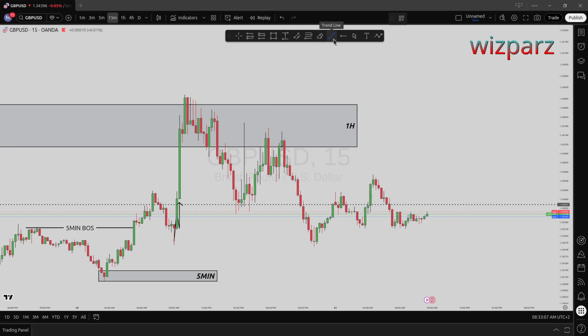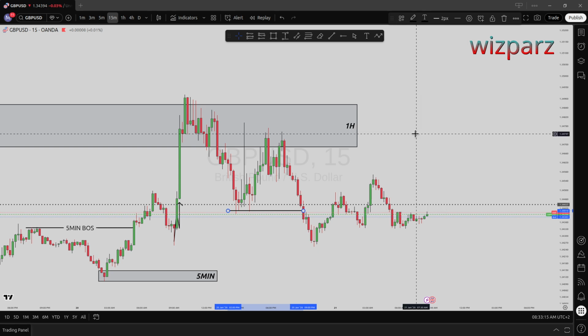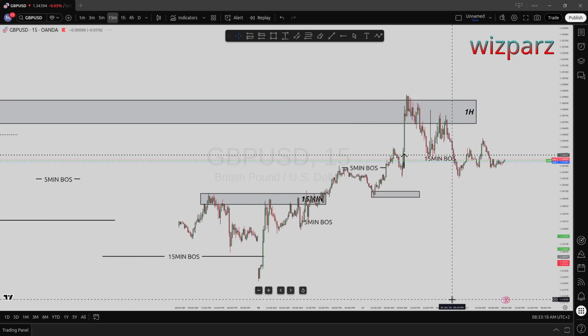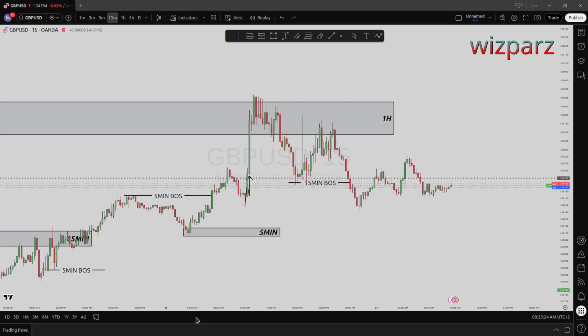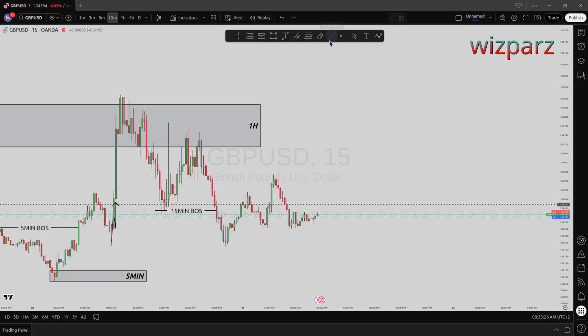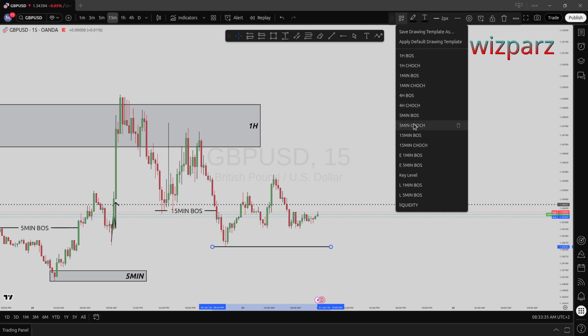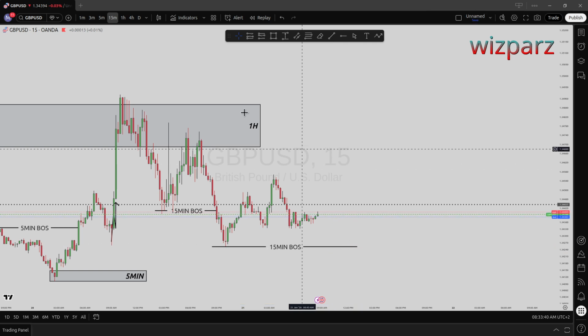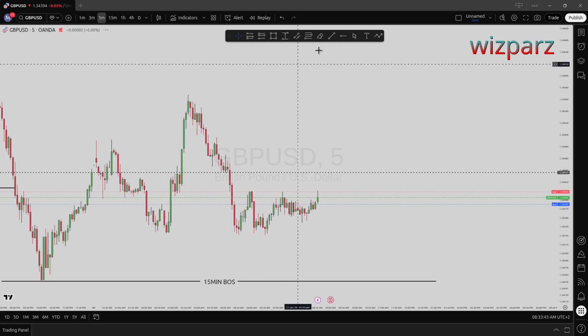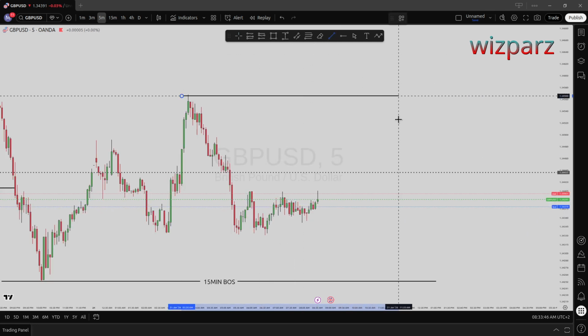From here we have seen a 15-minute change of character, and I still wait for price to make this change of character to the downside, then I'm going to look for short. If price breaks this structure, I'm going to look for short. If price breaks this structure, I'm going to look for long.